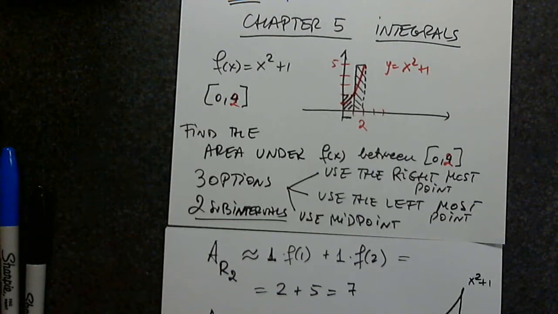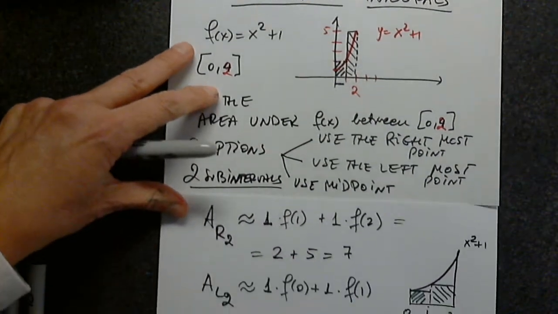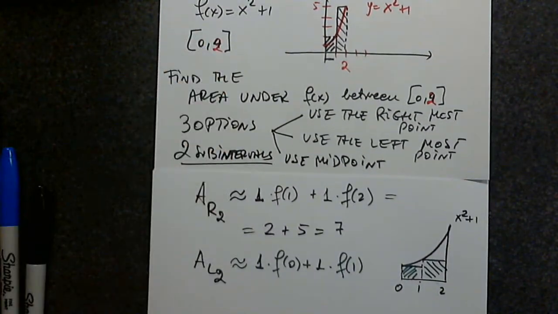So now with the leftmost point, I will have still base 1 times the height f of 0 plus still base 1 times the height f of 1. This is definitely an underestimation. Okay, very good. So f of 0 is 1, f of 1 is 2, so the area is 3, with the leftmost point of the interval and 2 subintervals.